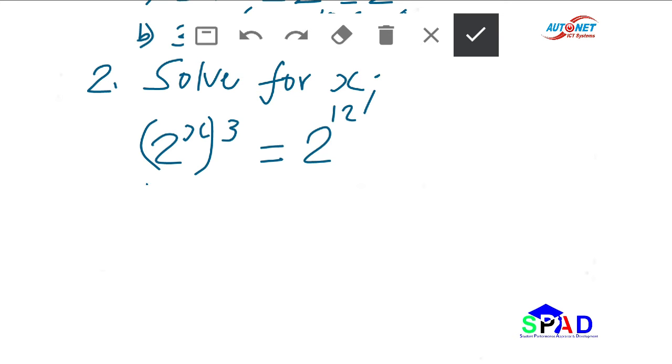Now, in this case, on the left hand side we have 2 to power x raised to power 3, and on the right hand side we have 2 raised to power 12. Because here it is 2 to power x and then again raised to power 3, we have seen in rule number 4, if that is the case, we simply multiply the powers. So this is going to be 2 raised to power x times 3, which is 3x, and that should give us 2 raised to power 12.